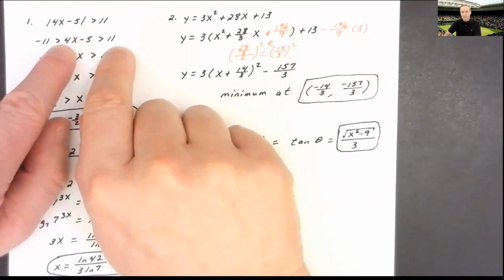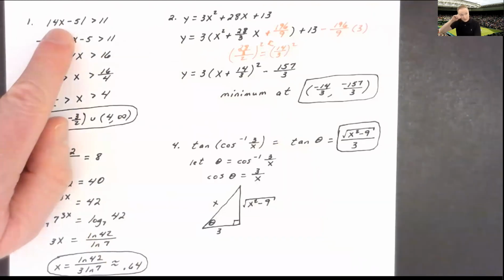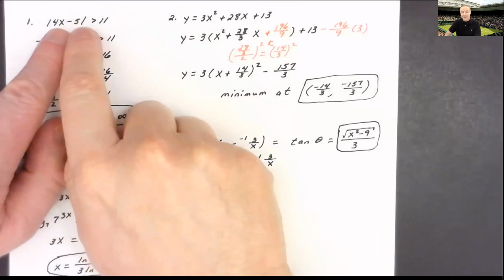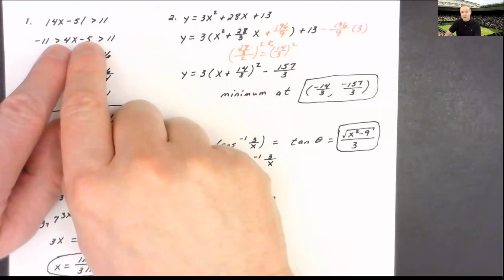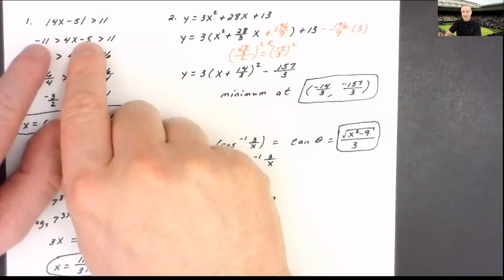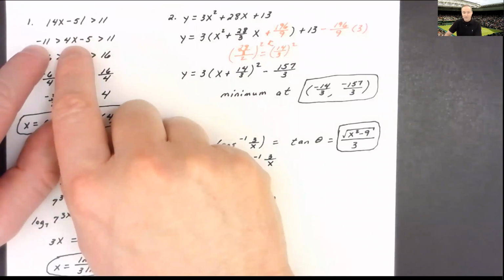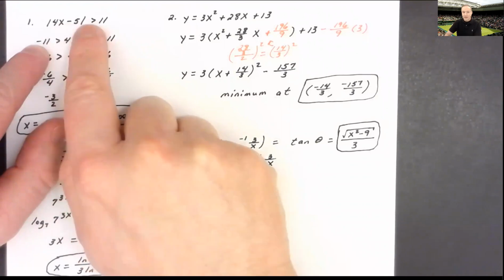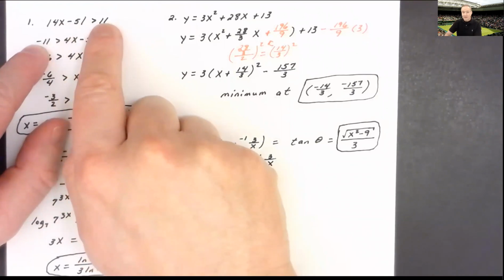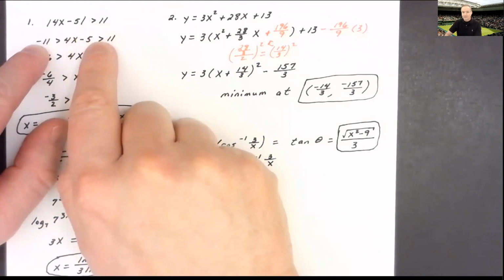However, what an absolute value enables, since it's going to make whatever's inside of it positive anyway, if it's a negative number, in order for this original to be true, that negative number needs to be less than a negative 11. What you can remember in all of these problems, if you keep what's inside the absolute value and you keep the sign of the other side, then you're going to keep the direction of the inequality.